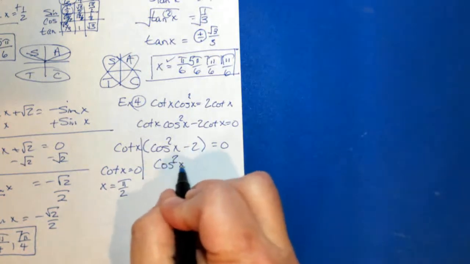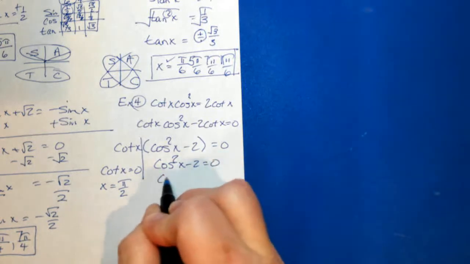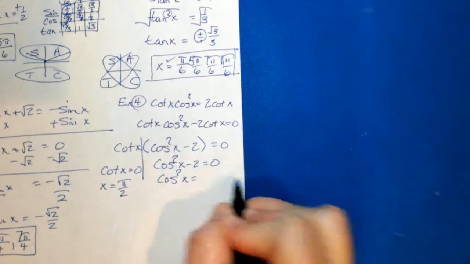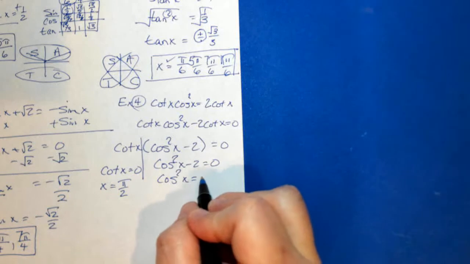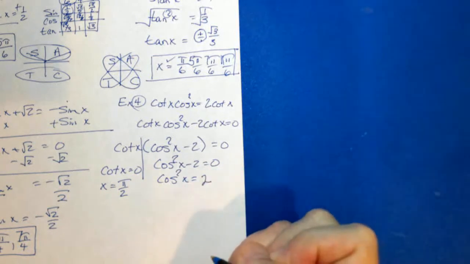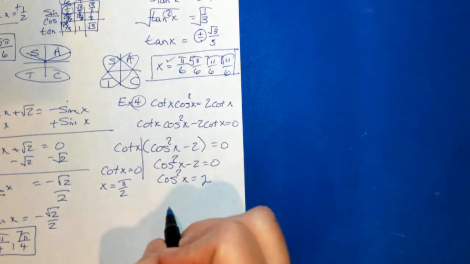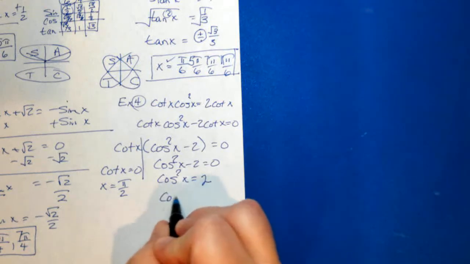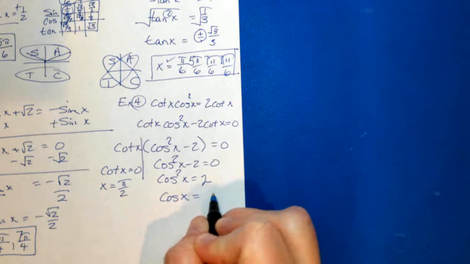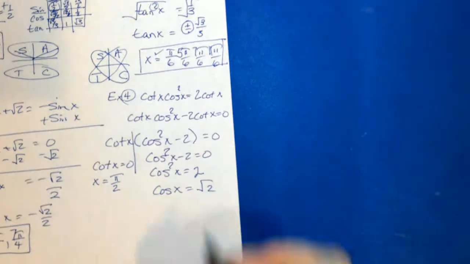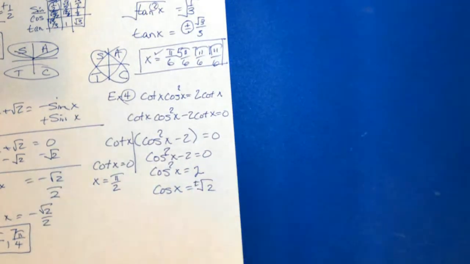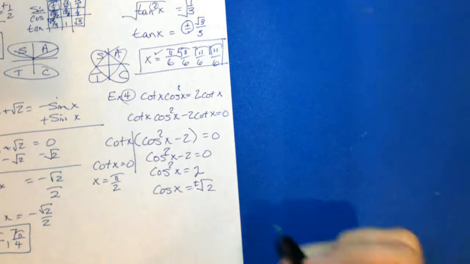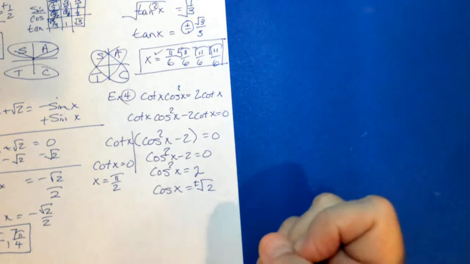Cosine squared x minus 2 is equal to 0. Let's see, it means that cosine squared x is equal to 2, which means that when we take the square root of this, we have the cosine of x is equal to the square root of 2, plus minus, of course. So the question then is, where is the cosine equal to the square root of 2?